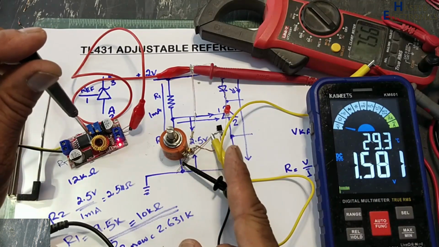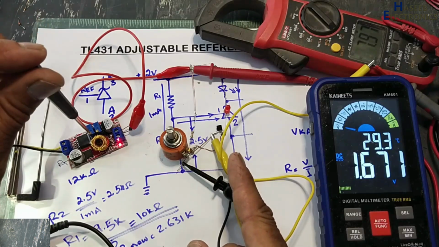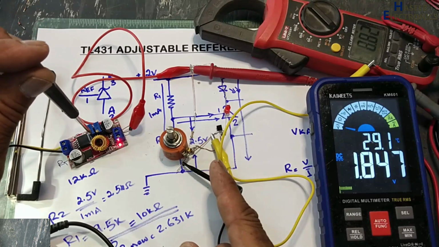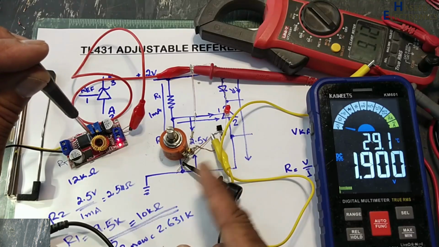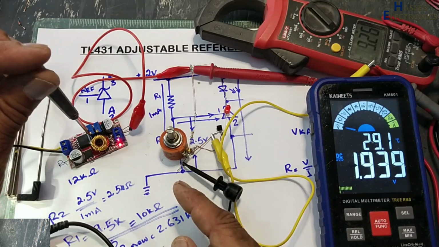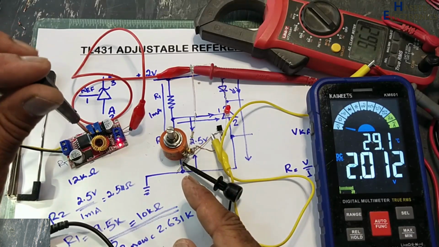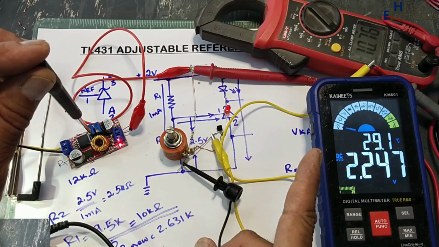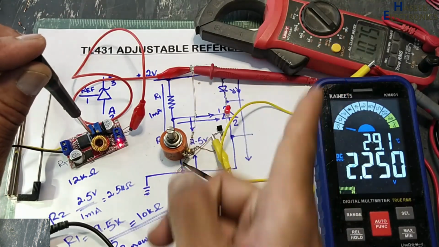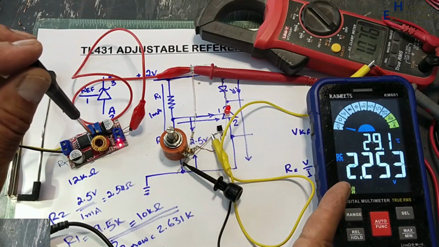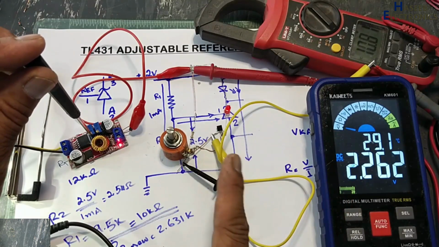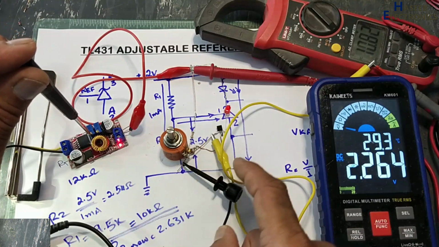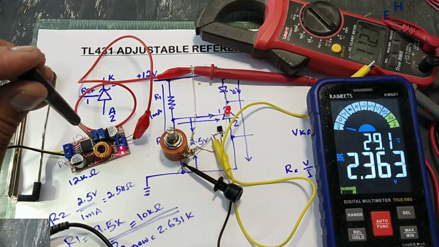Still it is not allowing any current. A minor current will flow for reference regulation for its internal circuit. At 10.7 volt, the reference voltage is 2.25. There is no cathode current. This is leakage current that is required for the internal chip.